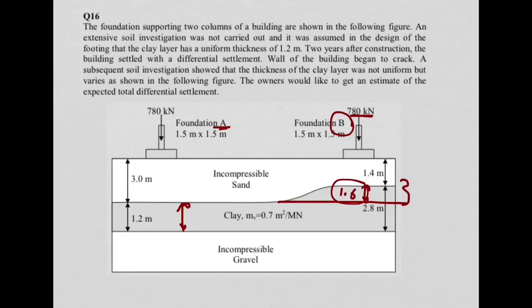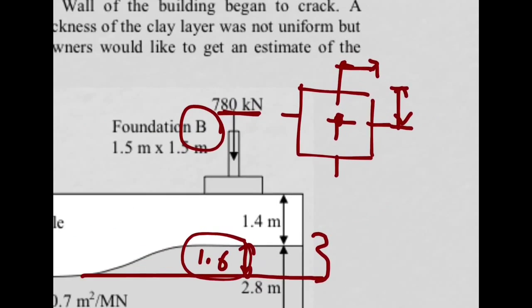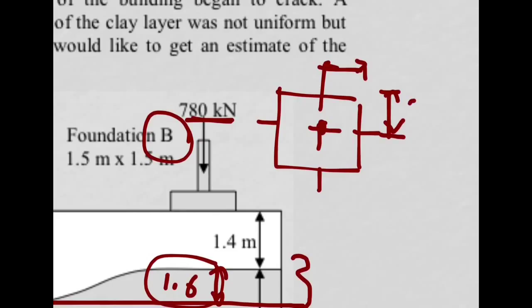So what do we have? We have the footing, which is 1.5 by 1.5. And definitely we want to calculate the settlement at the center of the footing, because this is the worst case scenario. And we know that if we have surface loading on a rectangular loaded area, here we have 0.75 and here 0.75.